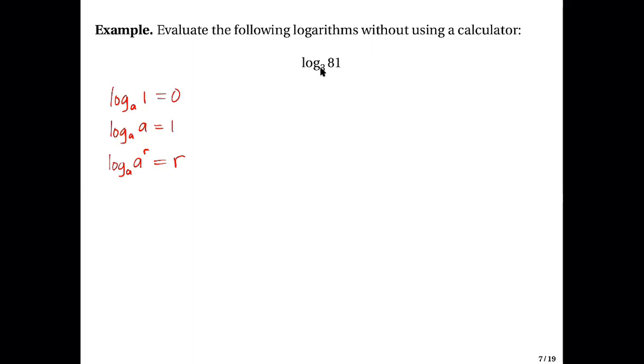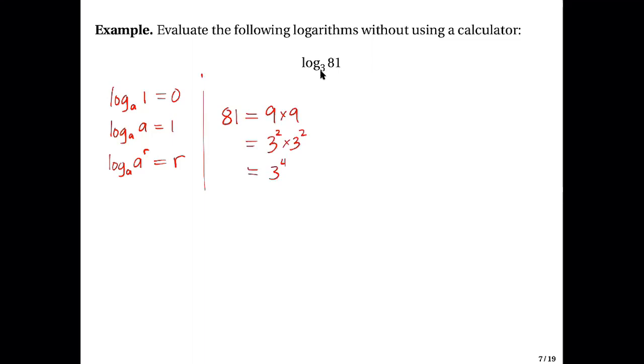We have a base 3. We expect that this 81 can be written as a power of 3, and indeed, it is. 81 is equal to 9 times 9. But 9 is 3 squared, so this is just 3 squared times 3 squared, and therefore this is 3 to the 4.